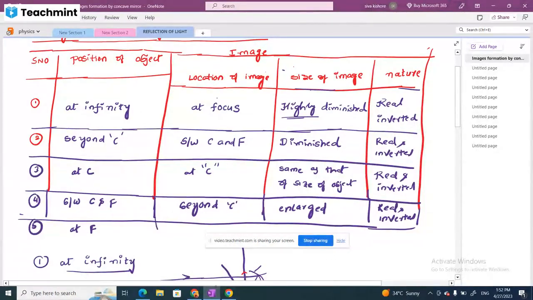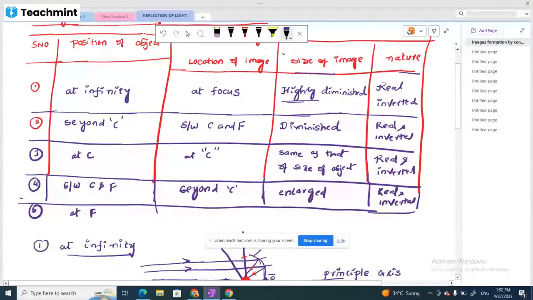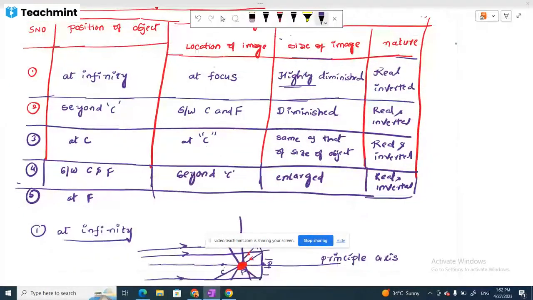Where is the location of the image? At infinity. The image is at infinity and highly enlarged, real and inverted.